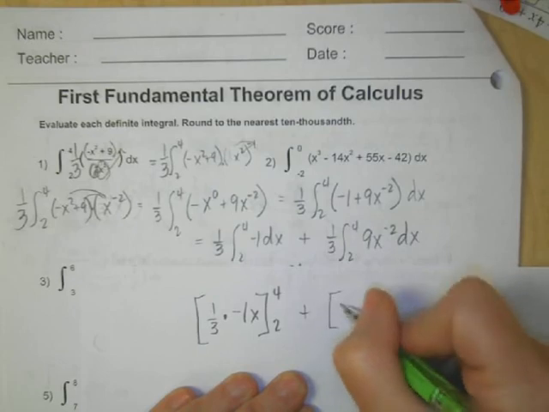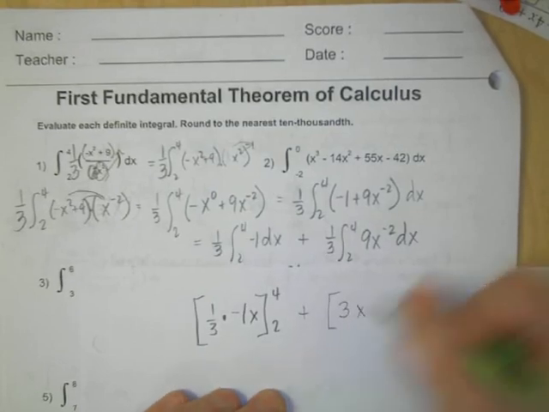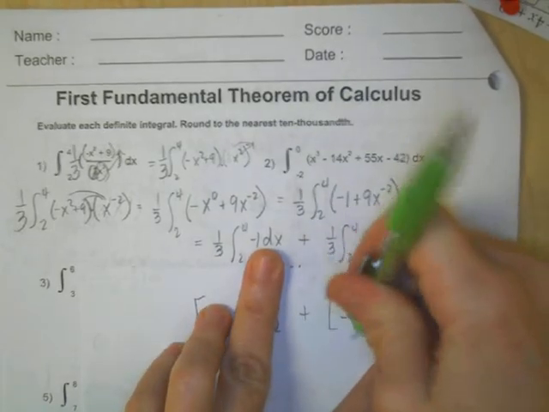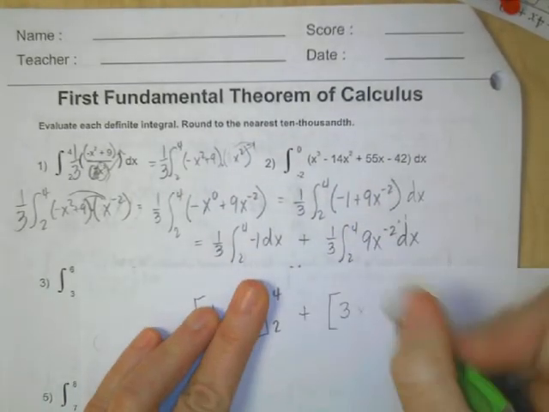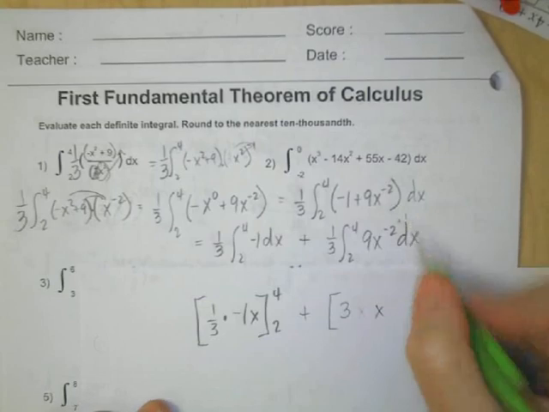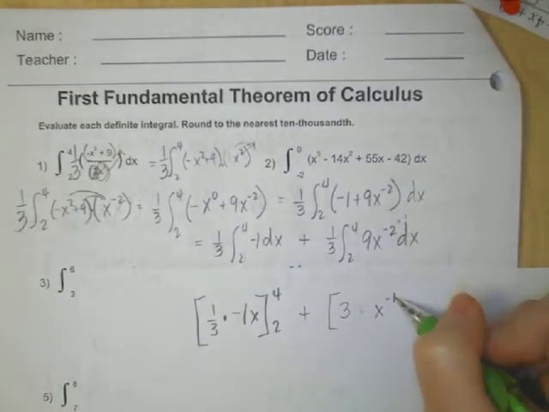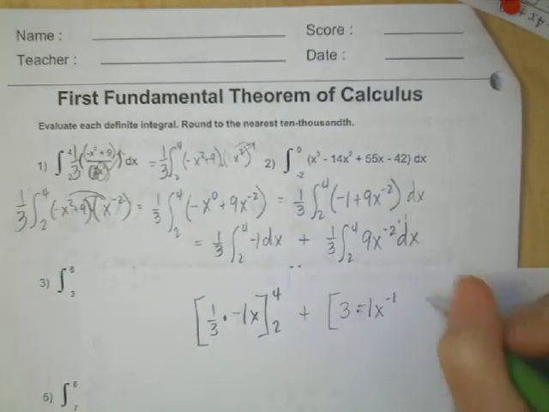So I'm going to have 3, and then x, I'm going to add 1 to that. So negative 2 plus 1 is negative 1. And I need to multiply by the reciprocal of that. The reciprocal of negative 1 is negative 1. And I'm going to evaluate that from 2 to 4.